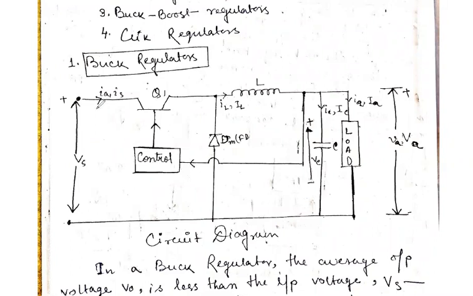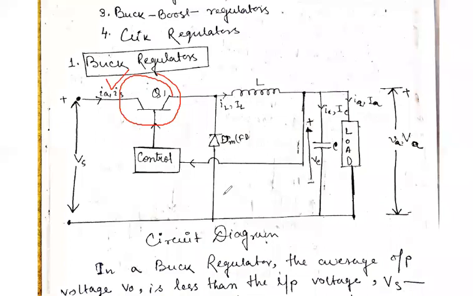Here we use a transistor Q1. We give a supply voltage Vs, and therefore a current Is flows through here, and this is also the same as the average current.